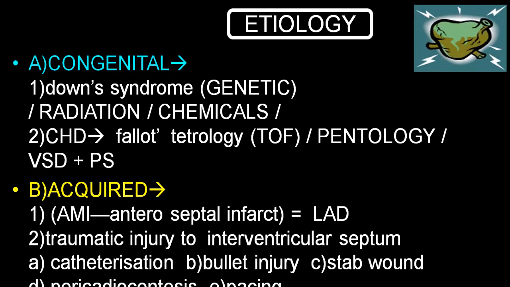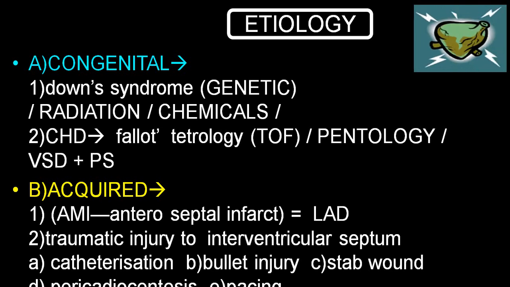It is one of the factors associated with Fallot tetralogy. In pentalogy also it is associated with ASD. Or you can have a pure pulmonary stenosis with only VSD, no overriding of aorta. These are some of the congenital groups.